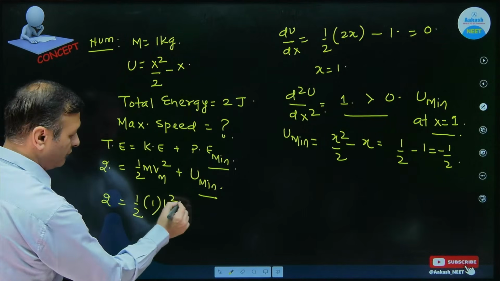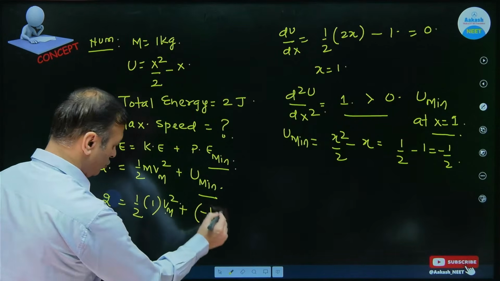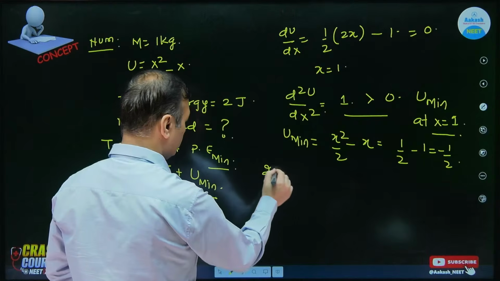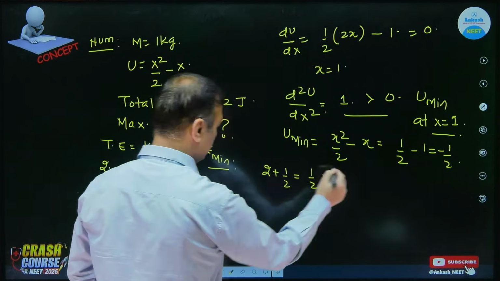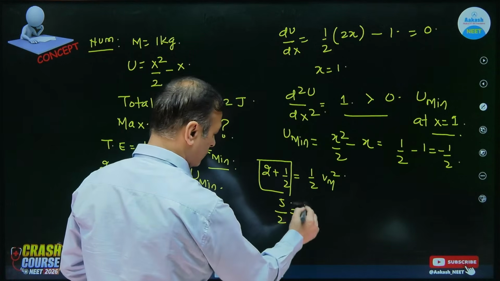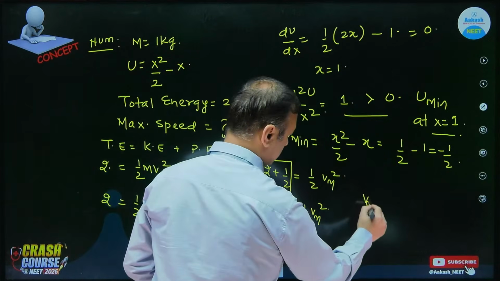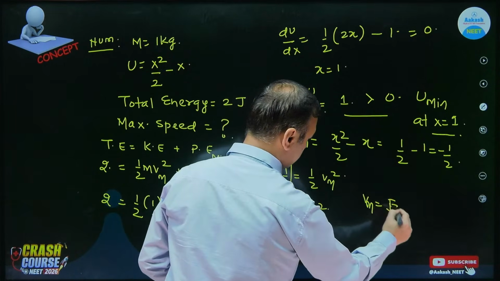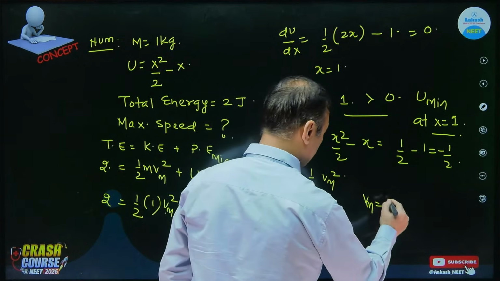V maximum we have to find out, and U minimum is minus 1 by 2. So that means 2 plus 1 by 2 is equal to 1 by 2 V maximum square. So this makes it 5 by 2. And the maximum speed comes out to be root 5 meter per second.